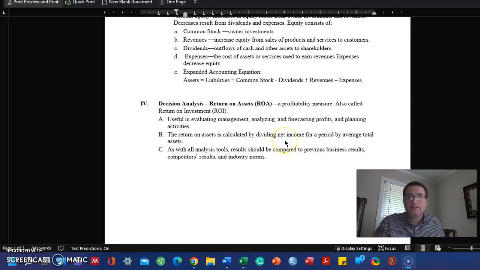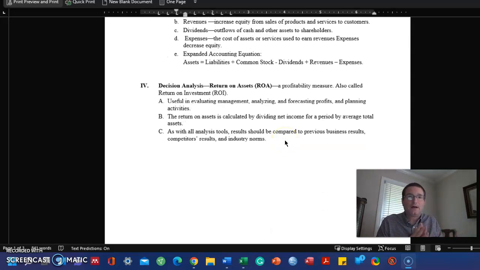Okay. Just a real quick little comment on an important ratio, return on assets. We also have another one called return on investment. When we evaluate ratios such as this, they're useful for evaluating management and forecasting profits.